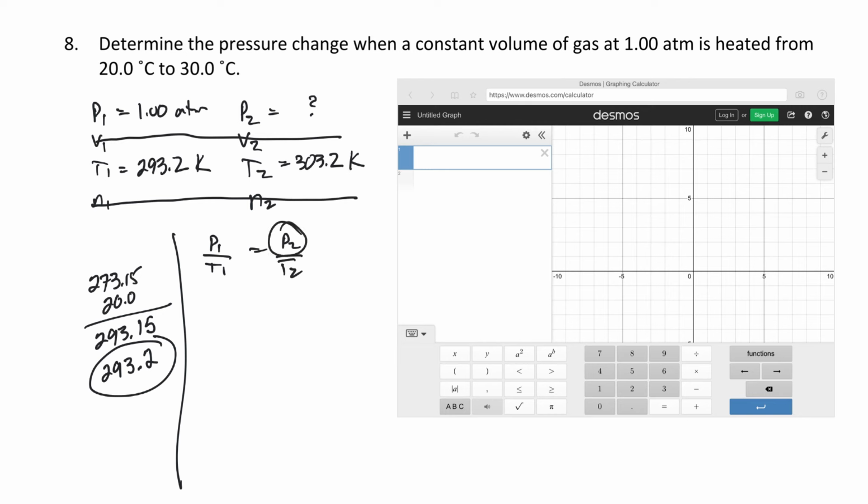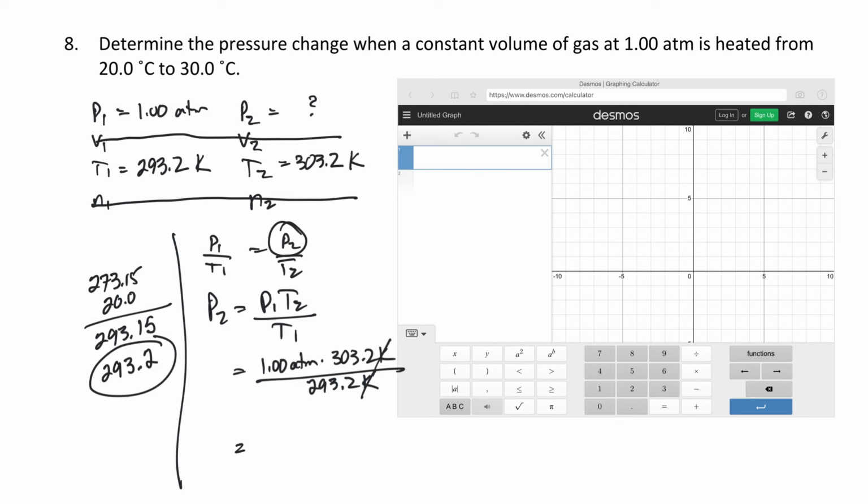I'm looking for P2. So it's P1 T2 divided by T1. P1, 1 atmosphere, times T2, 303.2, divided by 293.2 Kelvin. That's T1, yep. Kelvins cancel, my answer would be in atmospheres. I just happen to have a calculator right here.